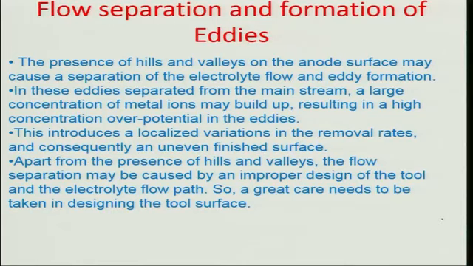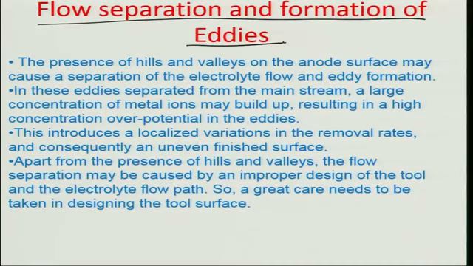The other major cause of improper surface finish in an ECM is flow separation and formation of eddies. Eddies are basically local recirculation zones which form very near the surface because of selective dissolution and such corners and crevices, where the electrolyte flow is quite slow and quite laminar because the IEG is very small.